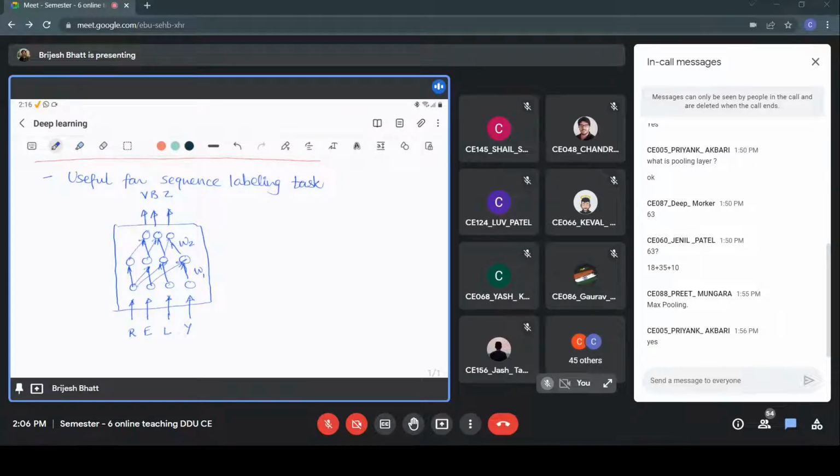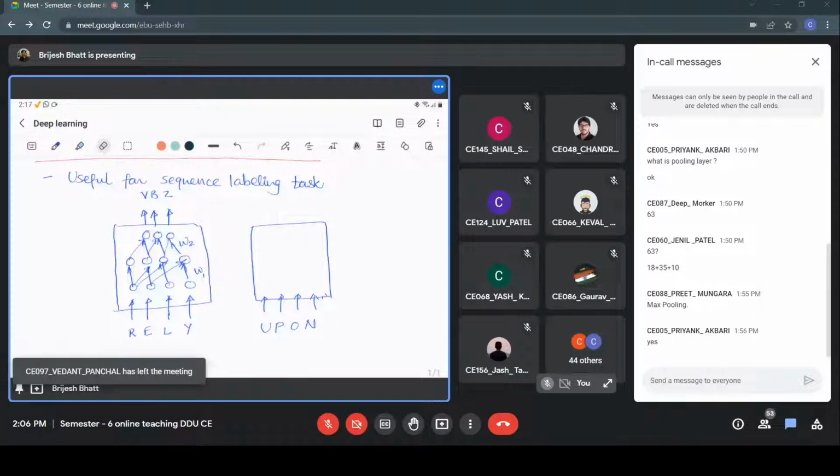Now let's say the second word is upon, and I want to predict its part of speech. In order to predict the part of speech of the word upon, is it useful to know the previous word, that is rely, and its part of speech, verb?